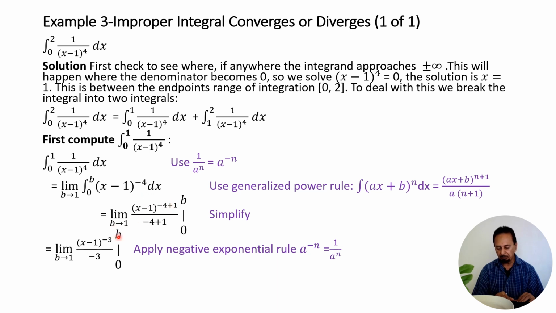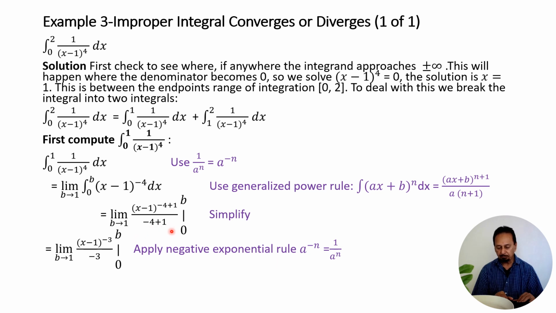So you will have the limit as b approaches 1 of x minus 1 to the negative 4 plus 1 over negative 4 plus 1, and now we indicate the limits 0 to b. Now we simplify, and negative 4 plus 1 is negative 3.